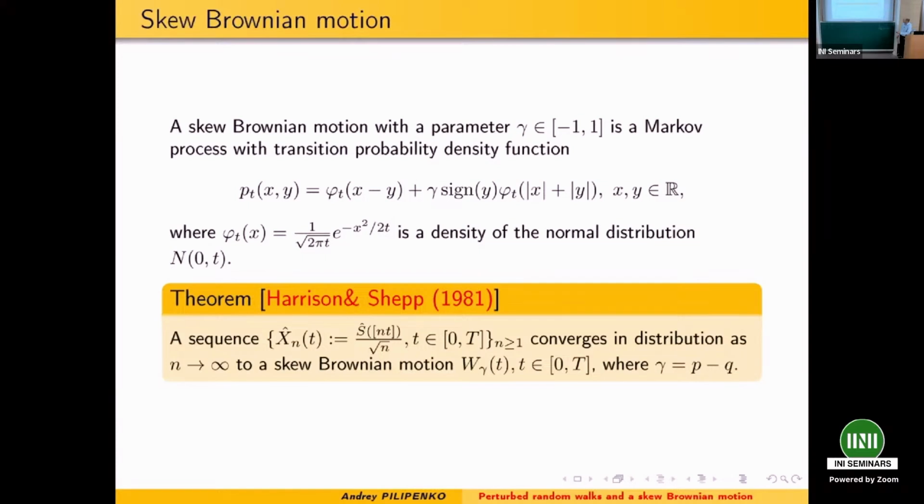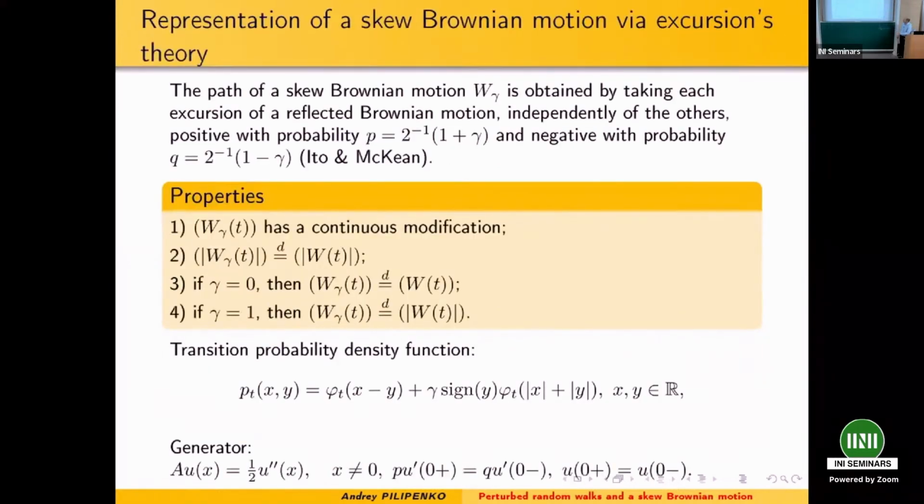Let me recall a few properties of the skew Brownian motion. This process was proposed by Ito and McKean in their book, and they constructed it as follows. At first, they considered a reflected Brownian motion.